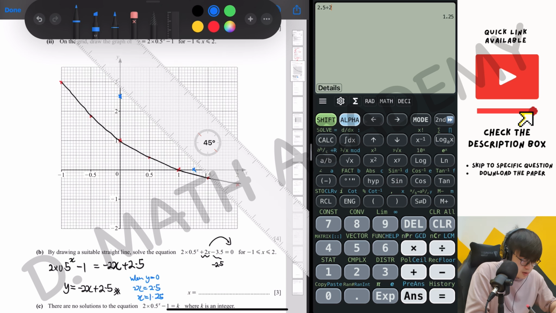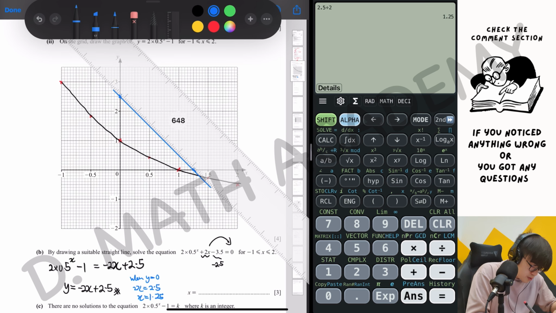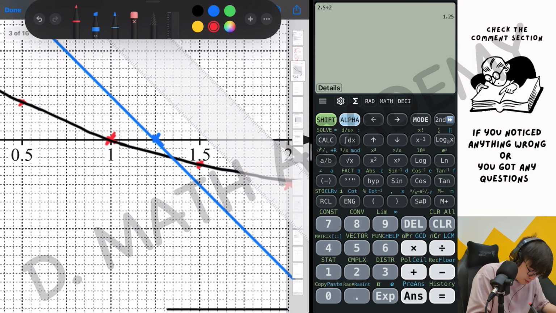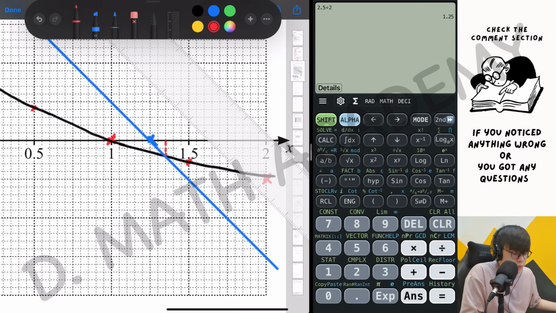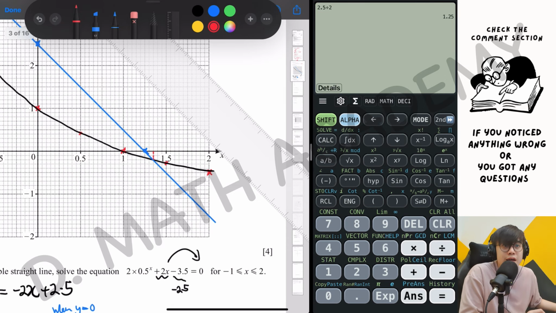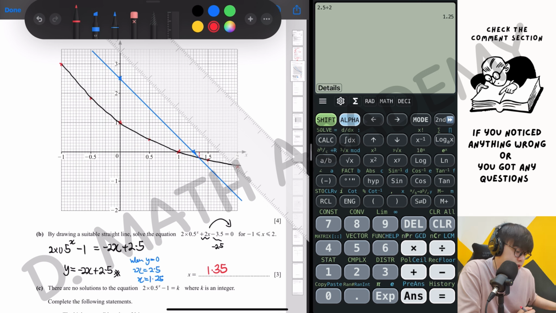Connecting these two dots together, for me, the answer that I will fill in will be 1.35. Okay, each small box there is actually 0.5. Kindly take note of this, then you should be able to identify your answer here.